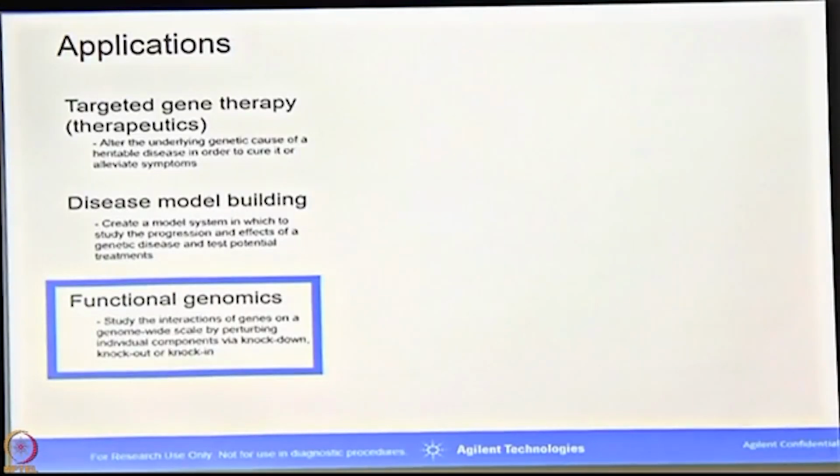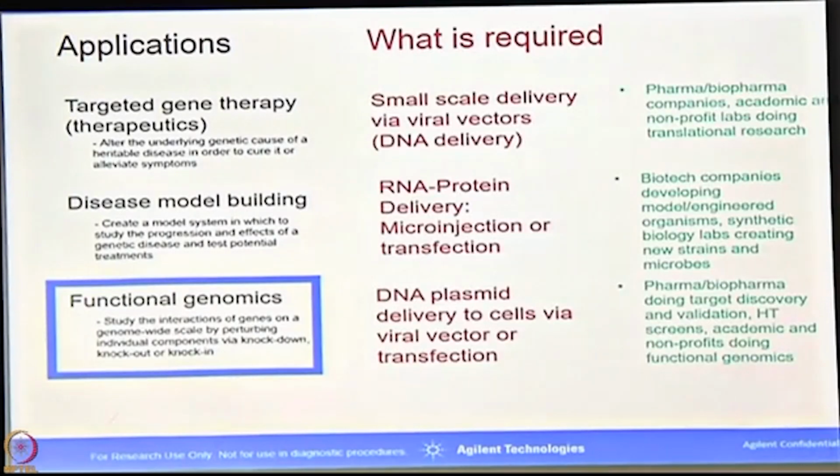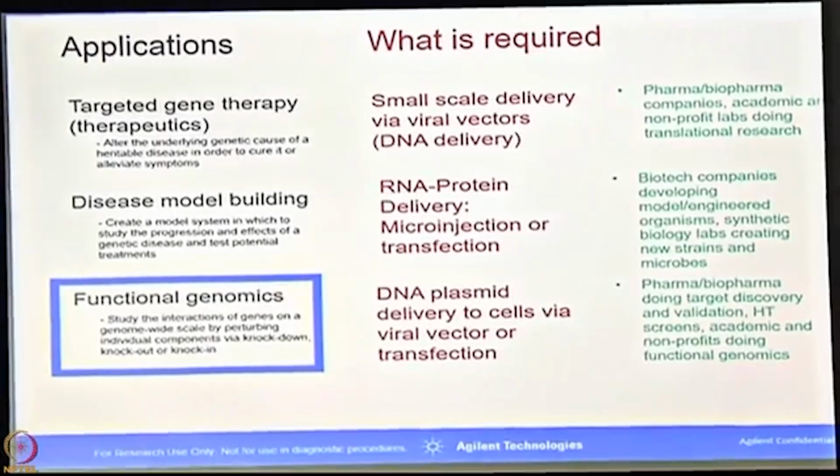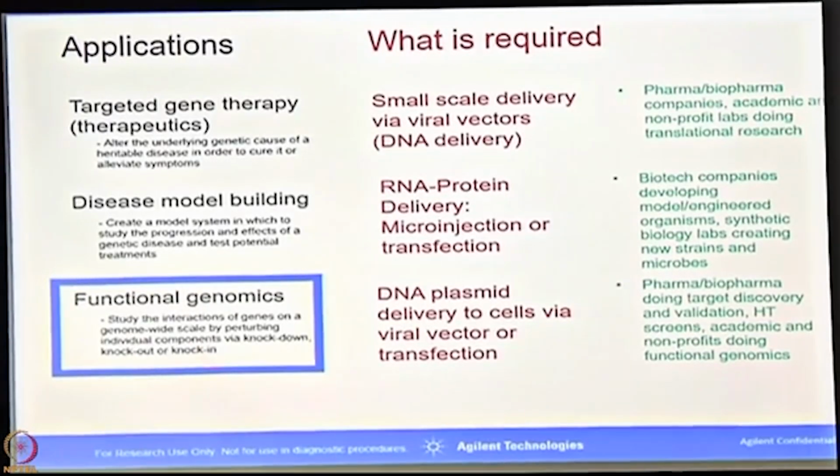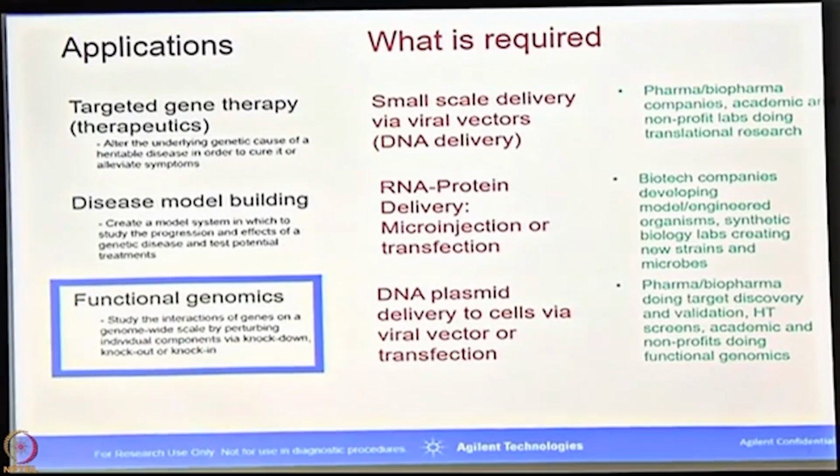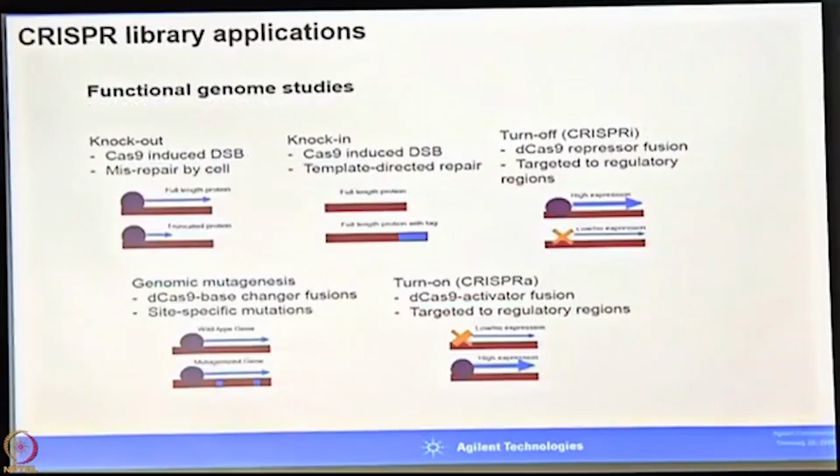So we are working on functional genomics, where we can try to edit these genes on a large scale, and it might be any knockdown, knockout, or knock-in, and try to edit the genes to solve the problems. If you study functional genomics, the very first prospect is knockout, right?